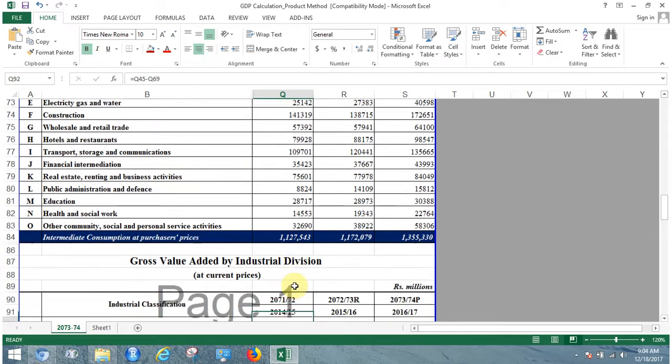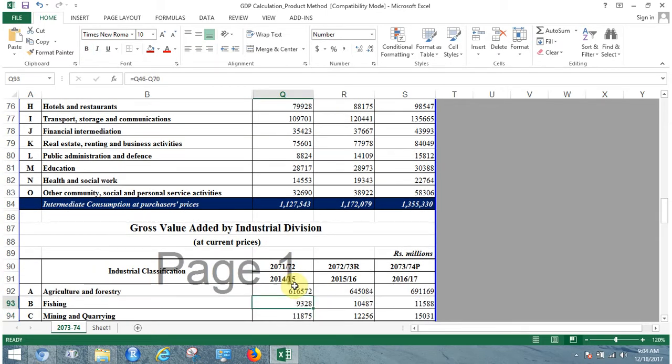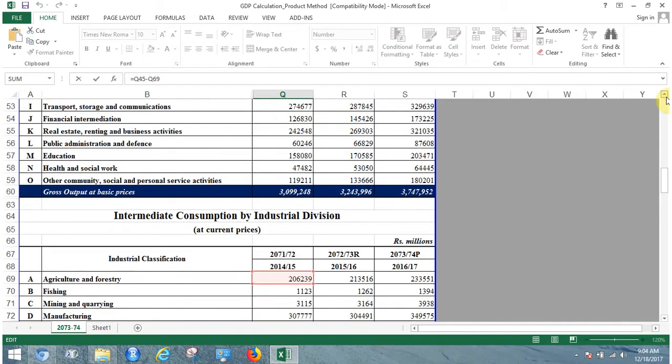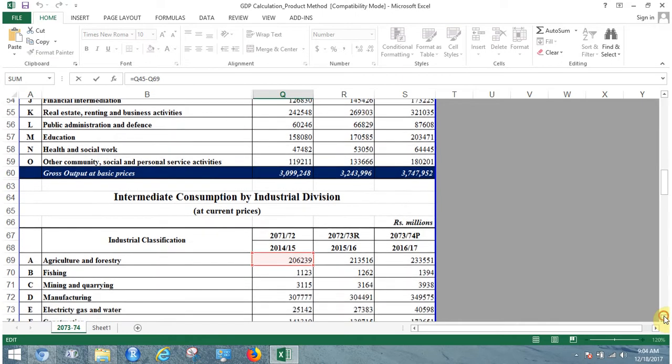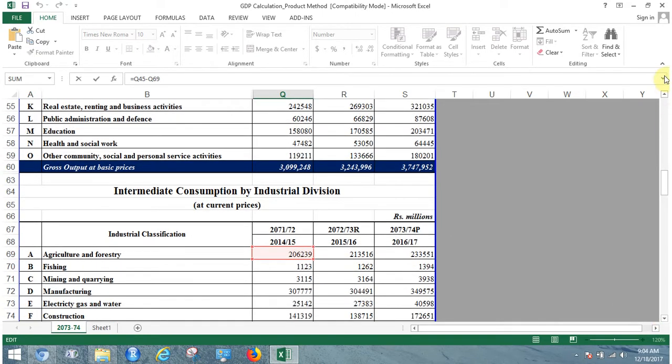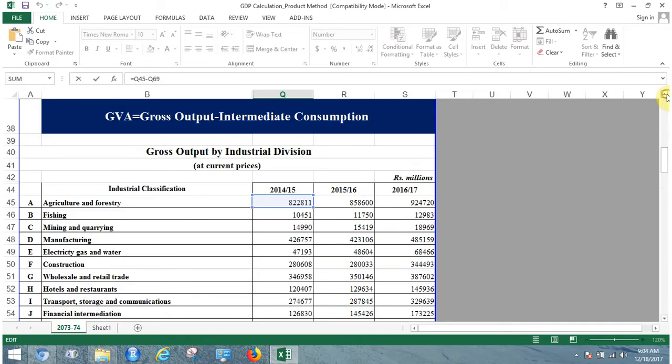Now in this table we calculate the gross value added of each of the 15 subsectors. For example, this figure shows the gross value added of the agriculture and forestry sector in the year 2014-15. This is calculated simply by subtracting the intermediate consumption, which is 206 billion, from the gross output, which is 820 billion.